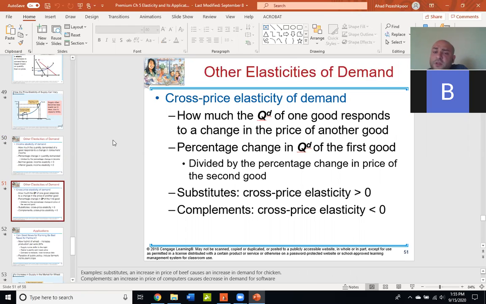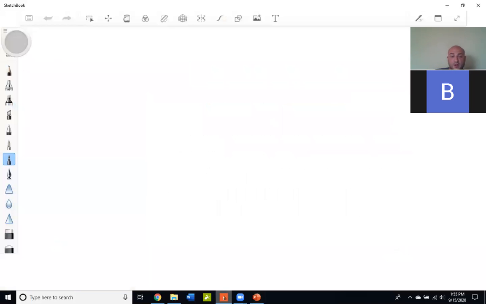How much the quantity of demand of one good responds to a change in the price of another good: the percentage change in quantity of demand of the first good, divided by the percentage change in price of the second. Now, here we also have a concept of negative elasticity, which also applied to income elasticity for inferior goods.